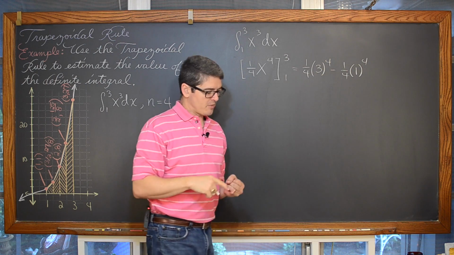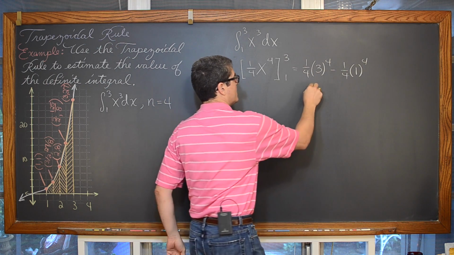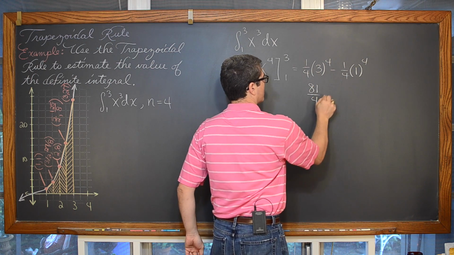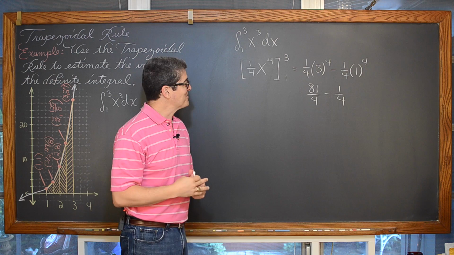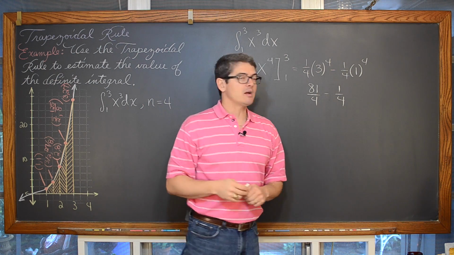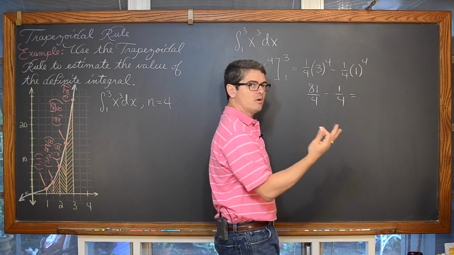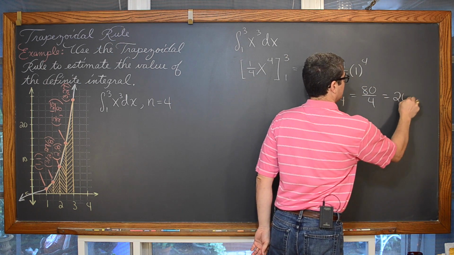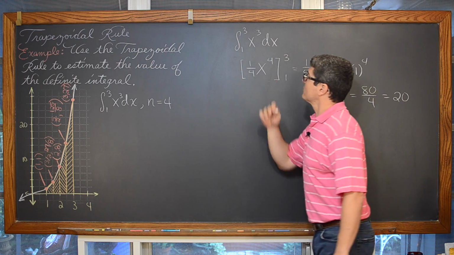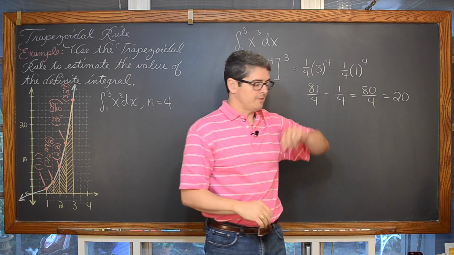Well, 3 to the 4th power is 3, 9, 27, 81. So we have 81 over 4 minus 1/4. Nice, we already have common denominators. We subtract the numerators and get 81 minus 1, which is 80, over 4, which is 20. So the definite integral from 1 to 3 of x cubed dx is equal to 20.